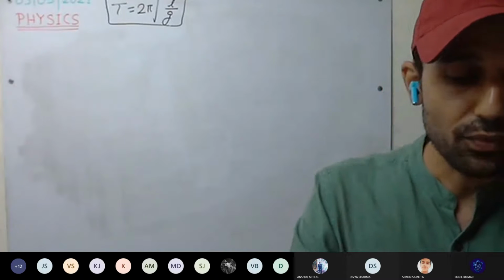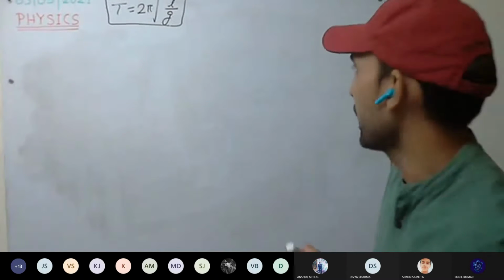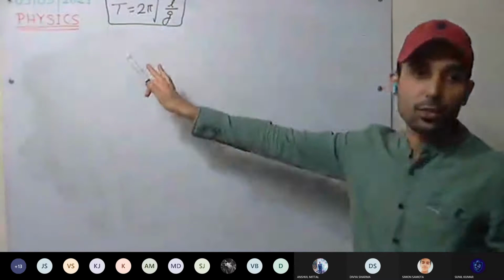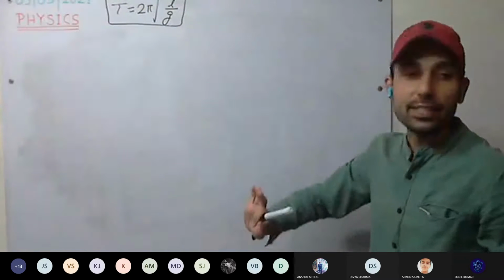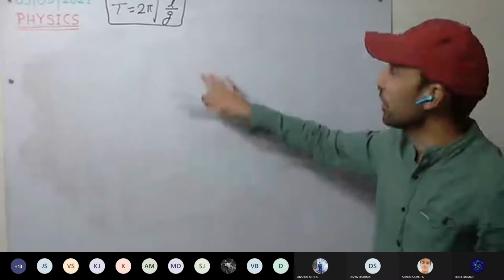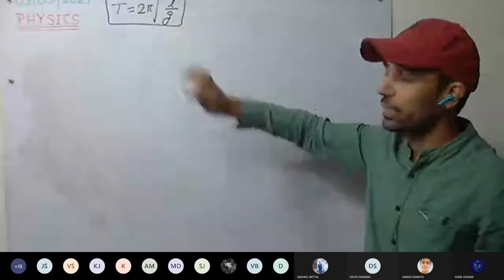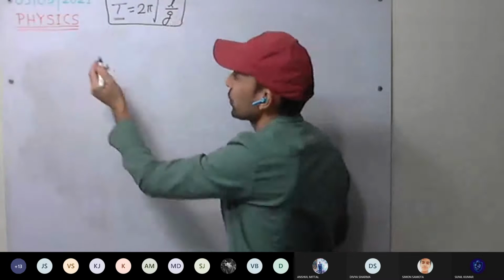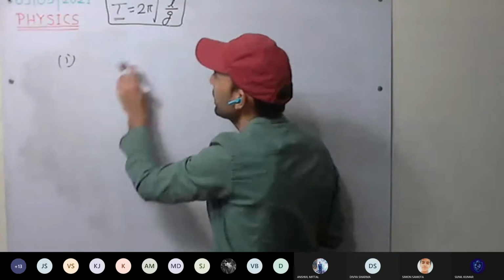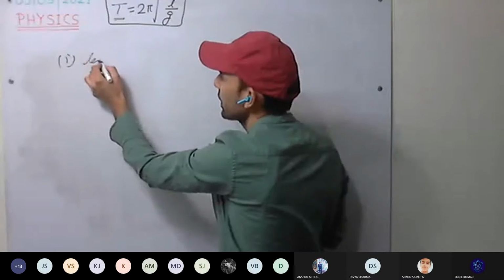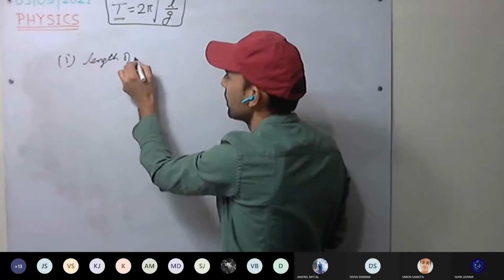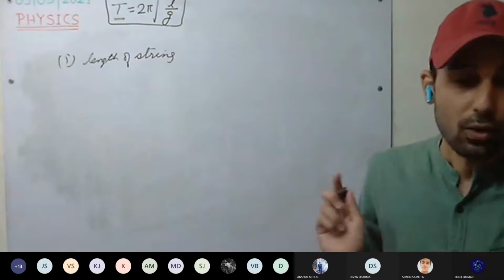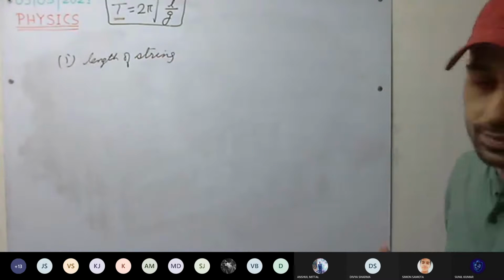So now we're discussing factors affecting the time period of a simple pendulum. Whenever factors come, write this equation, and using this equation we will see how the factors are affecting. What is the time period? T. It depends on L and g. So the first factor which affects the time period is the length of the string. How does the length of the string affect it?